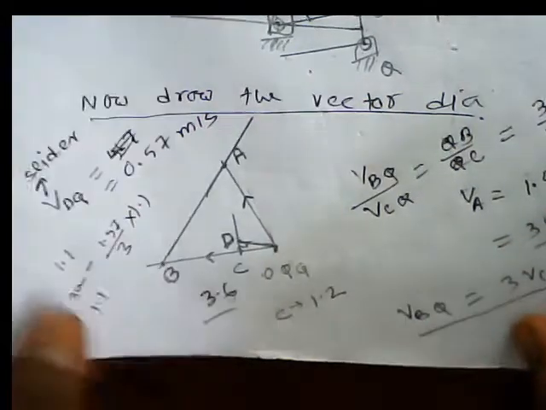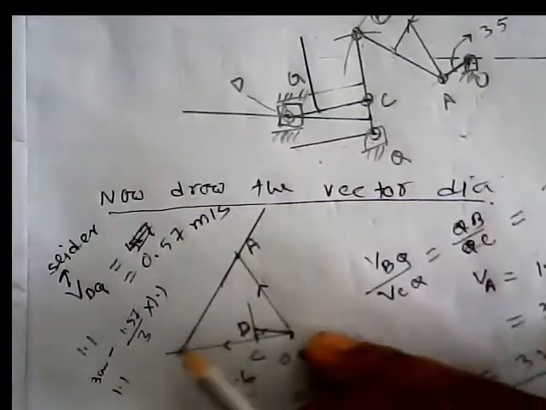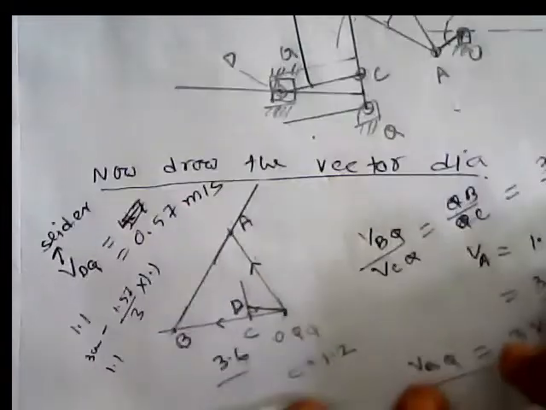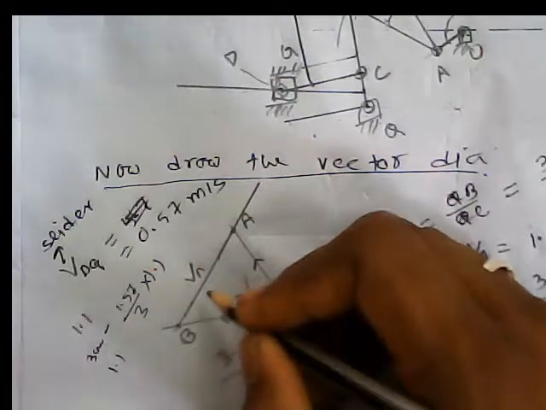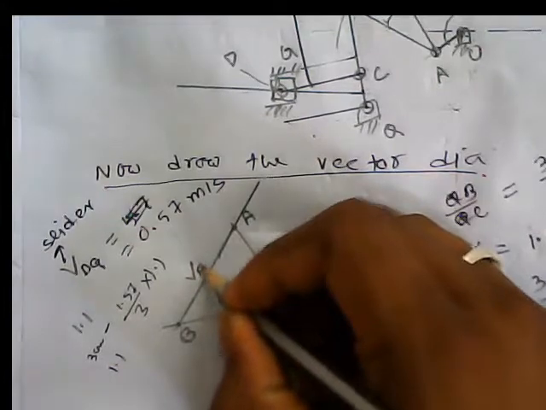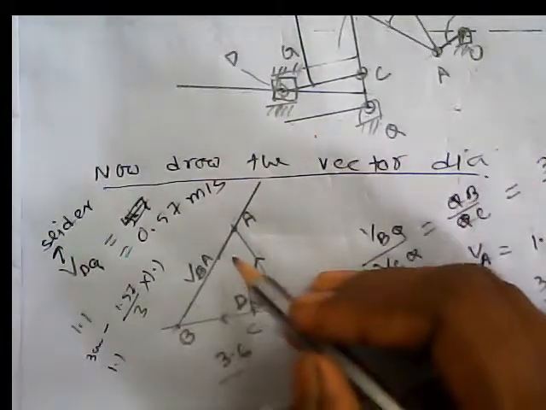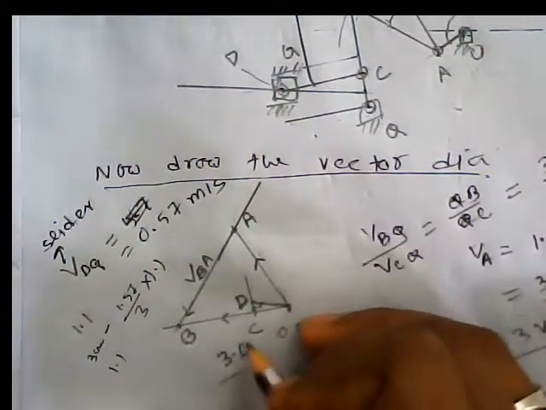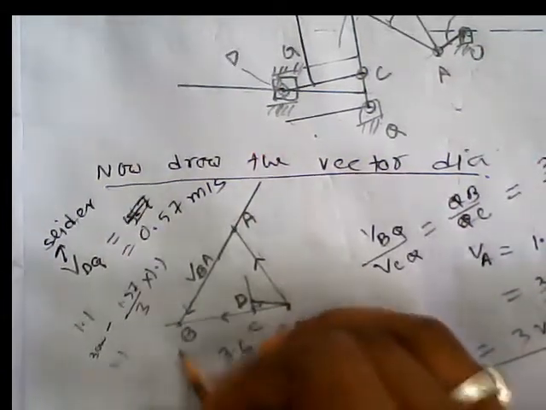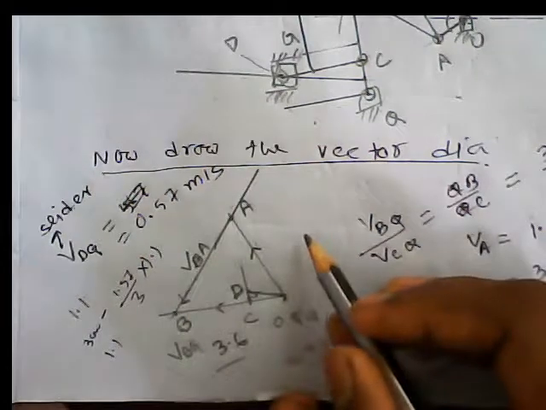Now the velocity of B with respect to A, if we measure this distance, we can determine the velocity, and also we can determine the velocity of B with respect to O, fixed point O, by measurement.